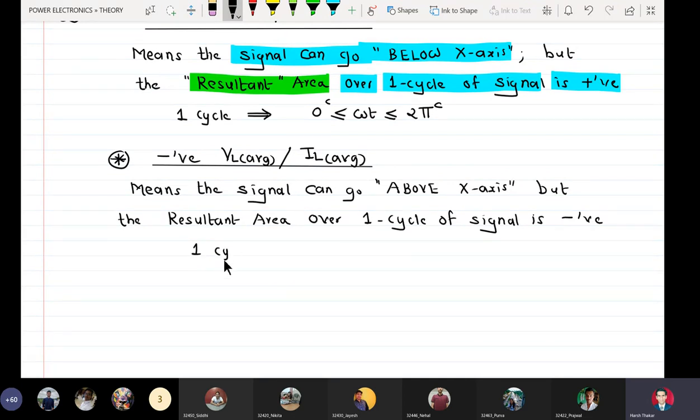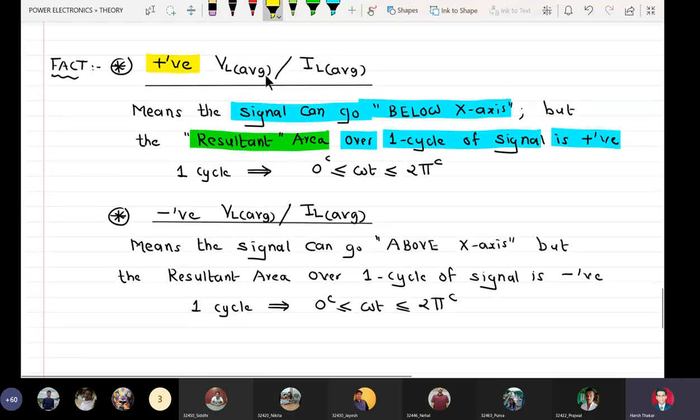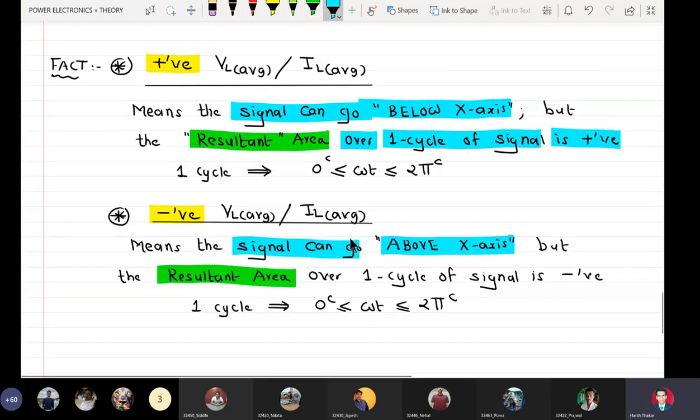Again, I am repeating, by one cycle I mean omega t is greater than or equal to 0 radians, less than or equal to 2 pi radians. The signal can go above the x-axis, but the resultant area over one cycle of the signal is negative.